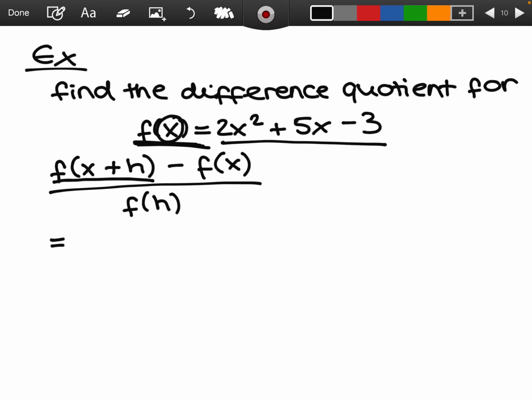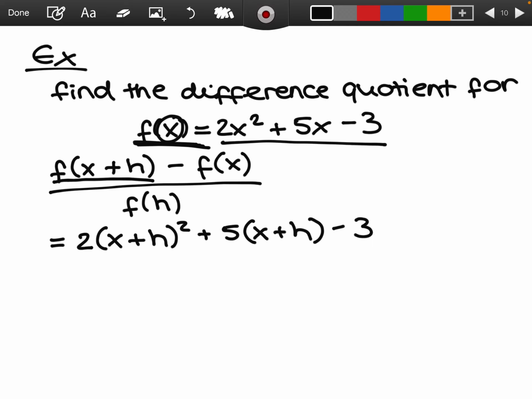All I'm going to do here is replace each x in my function by x plus h. So I'm going to get 2 multiplied by x plus h squared. So where I had the x, I've put x plus h and I'm squaring that, plus 5 times x plus h, minus 3. Okay. So that's f of x plus h.